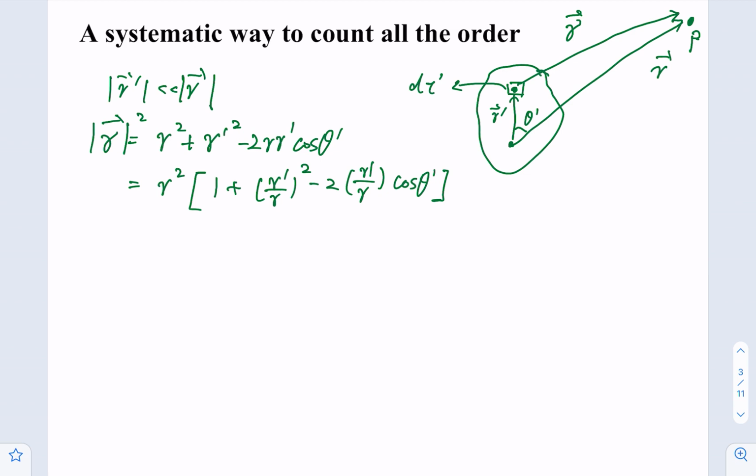We see that here not only is r prime over r squared small, also r prime over r times cosine theta prime is a small quantity.